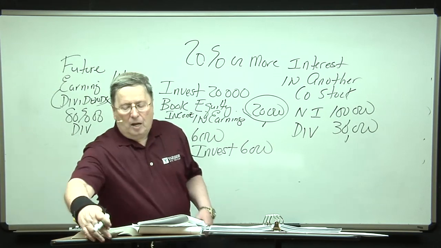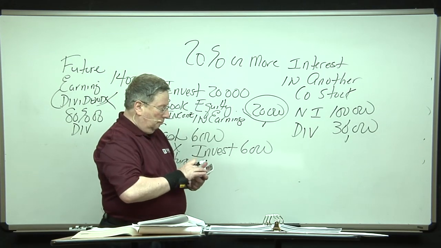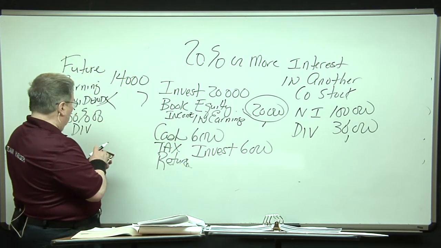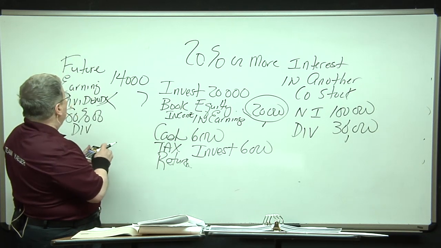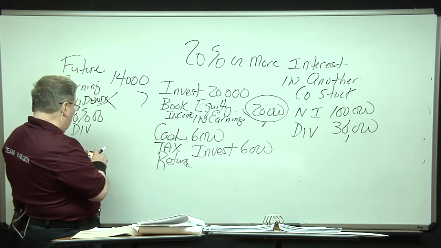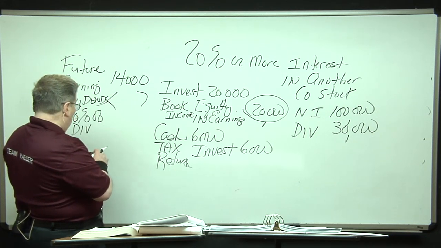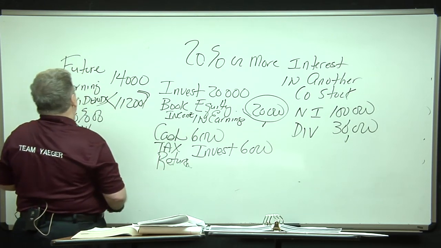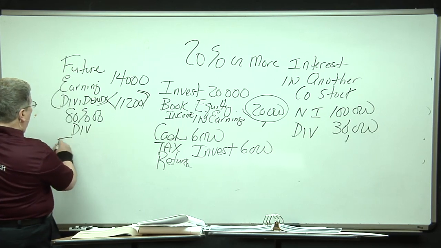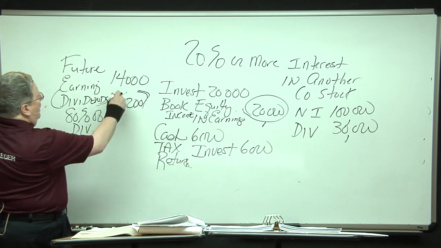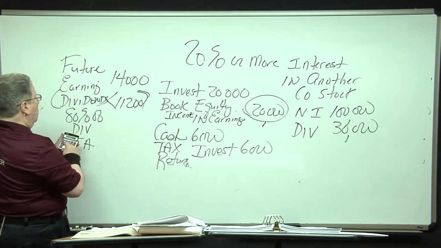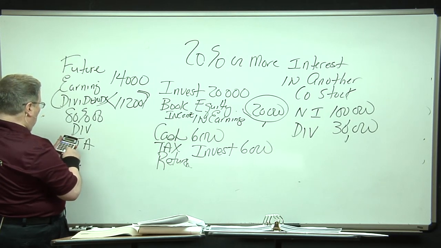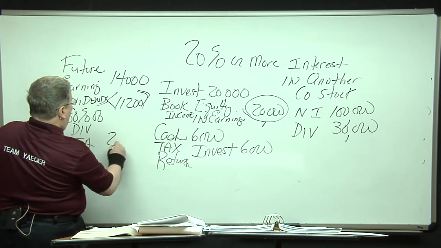So I take 14,000 times 80%, and that's $11,200. So now my future taxable amount is going to be the difference between the 14,000 and the 11,200. It's going to be $2,800.